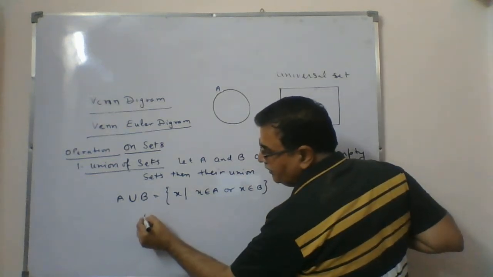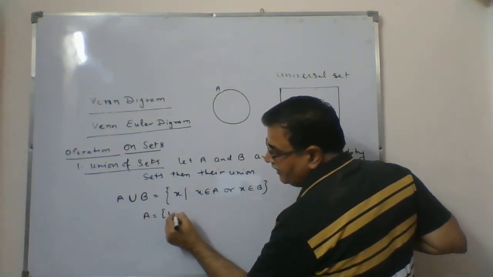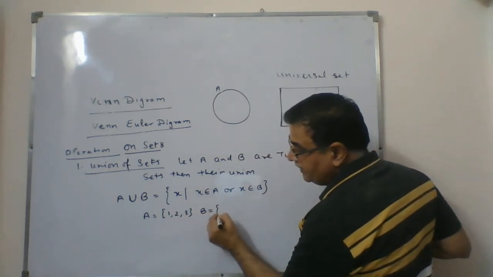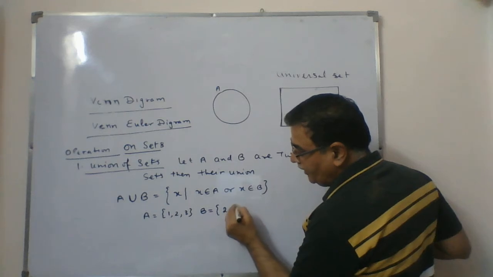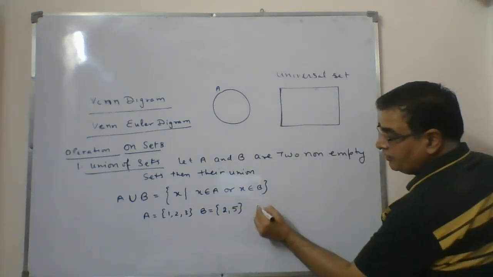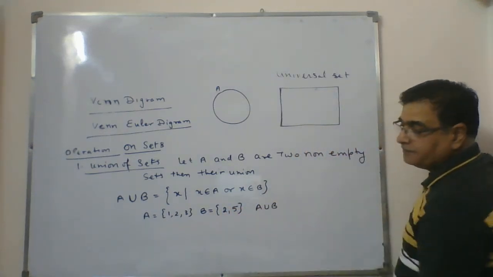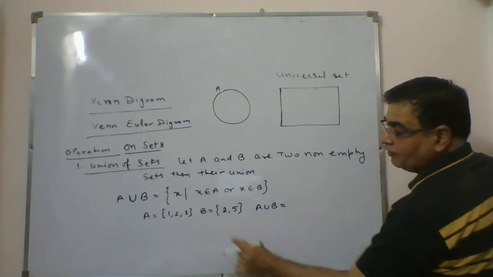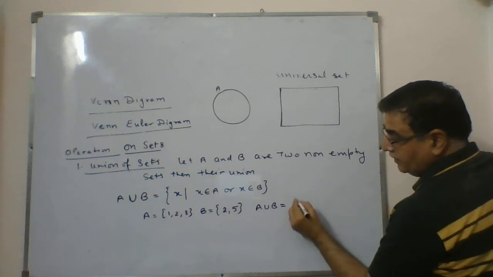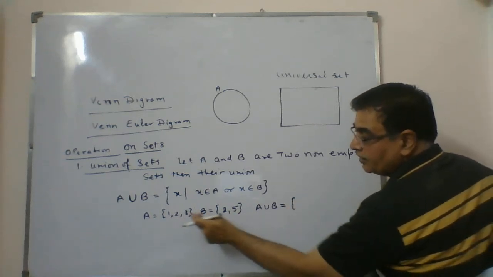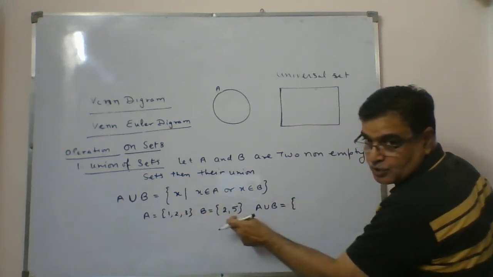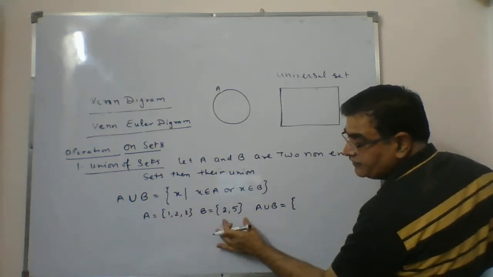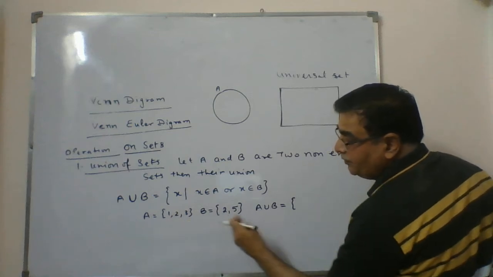For example, a simple example: if A has the elements 1, 2, 3, and B is another set having the elements 2 and 5, and the question comes, what is A union B? Union means you should sum up these two sets, taking these elements, these elements also, and those elements which are in both.